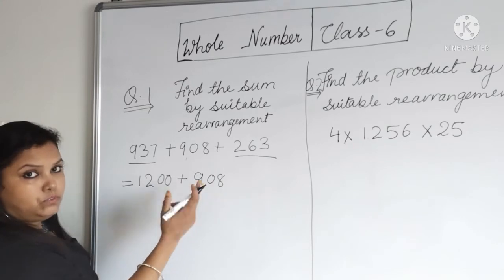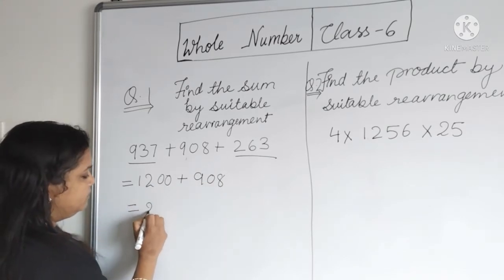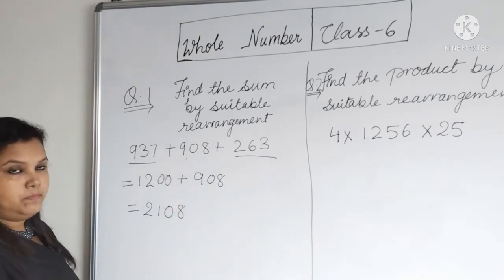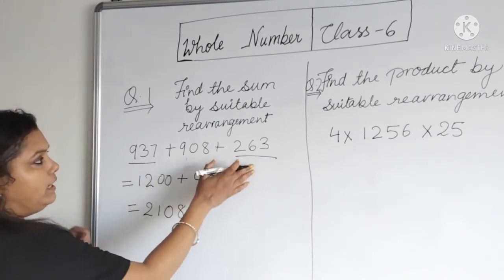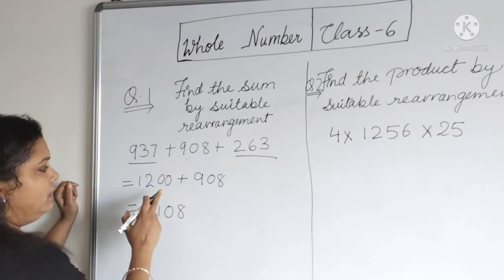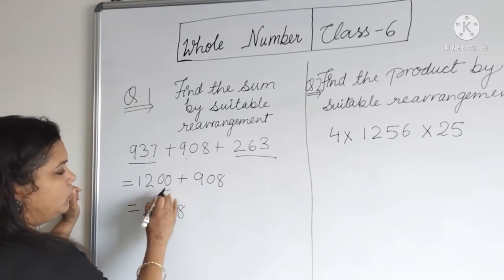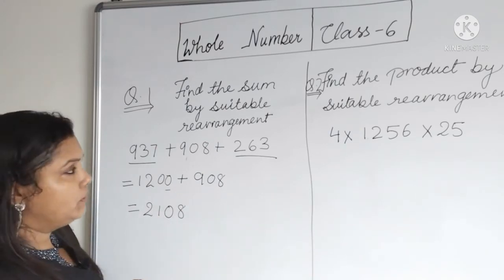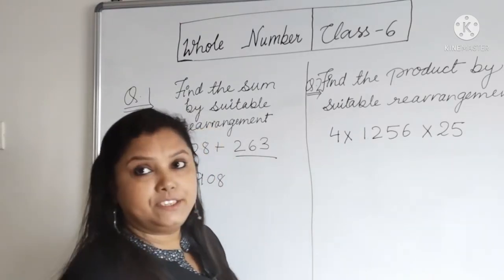Now adding these two will be easy: 2108. So we have to arrange these numbers in such a manner that we get some 0 at the end, and then the addition will be easier.